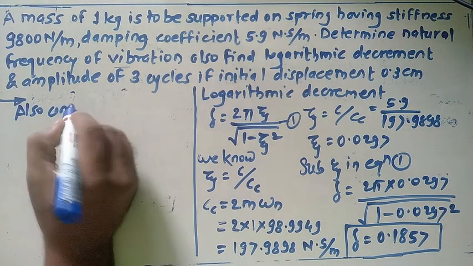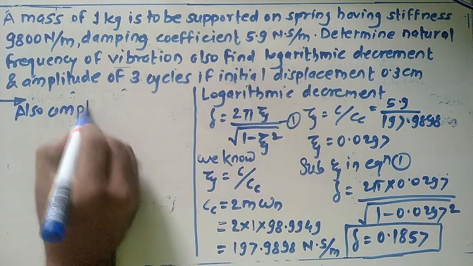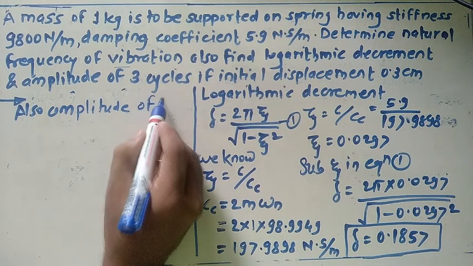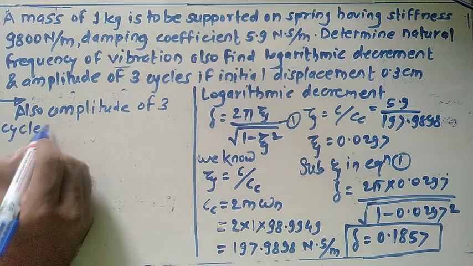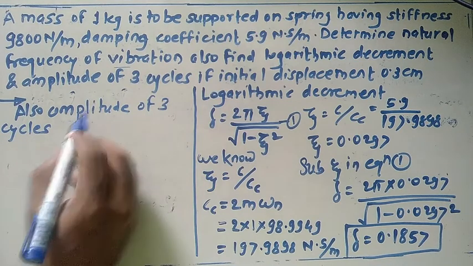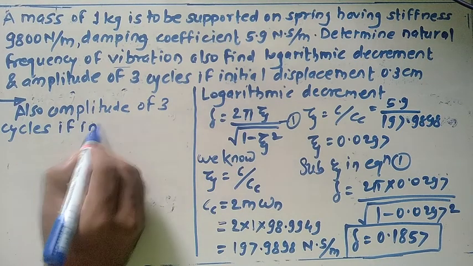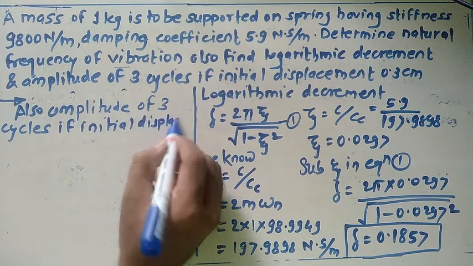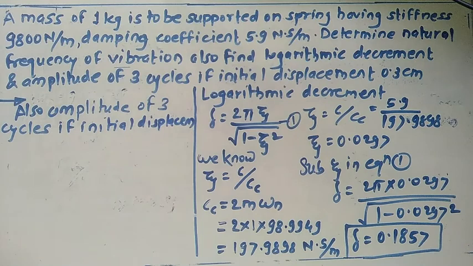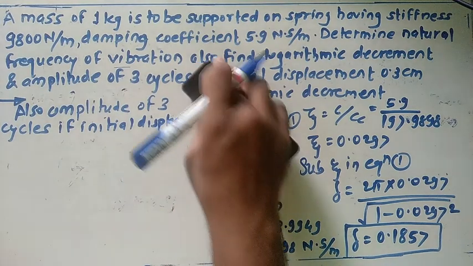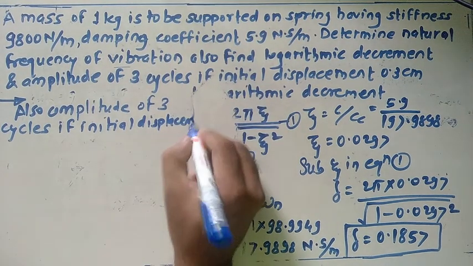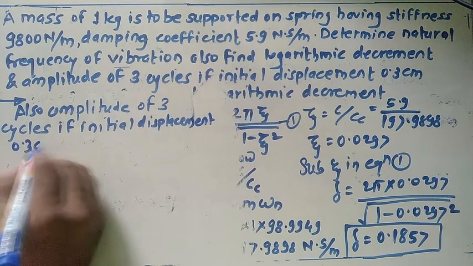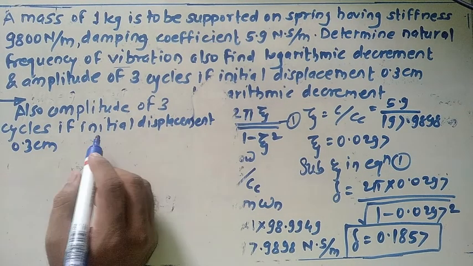Also the amplitude of 3 cycles if the initial displacement is 0.3 centimeter given. So for that we know the relation.